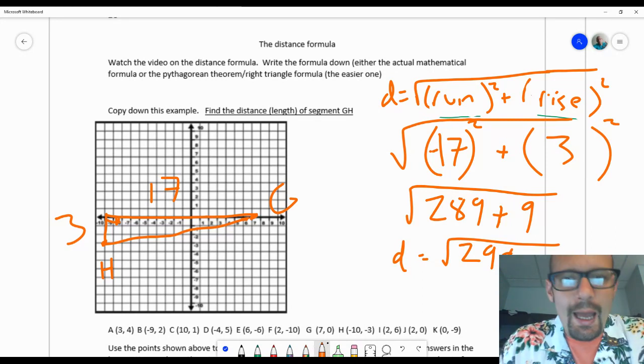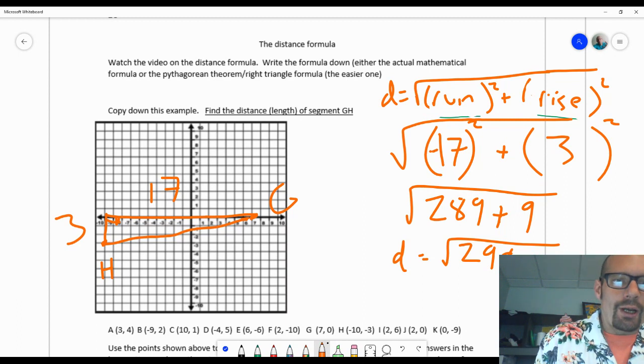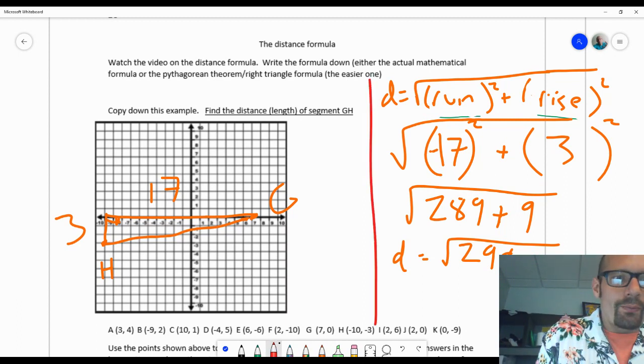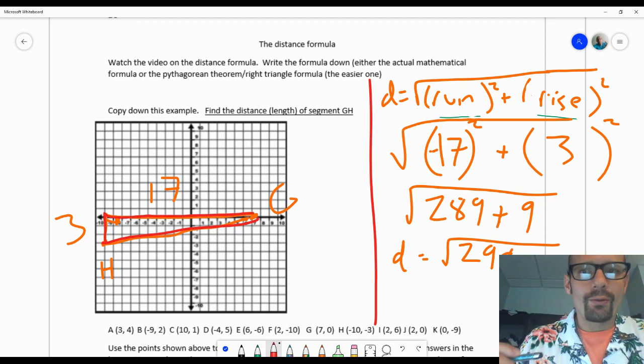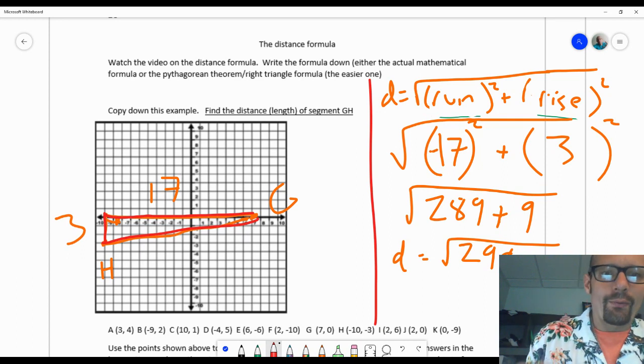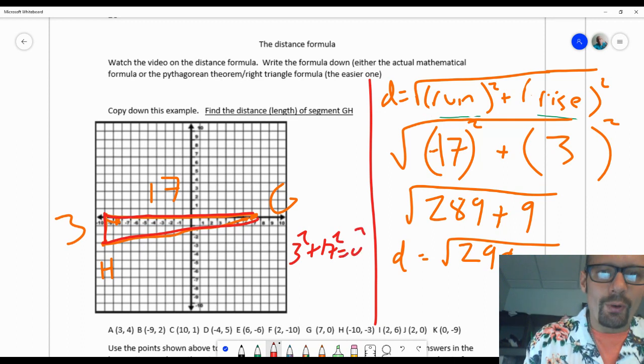Now, again, if we were to talk about this in a right triangle Pythagorean theorem kind of way, we have our line right there from G to H. All we got to do is make a right triangle out of it by doing the rise and the run. The rise and the run are the two legs. And so if we were to do it that way, we'd get 3 squared plus 17 squared equals c squared because it's a right triangle, Pythagorean theorem, right?